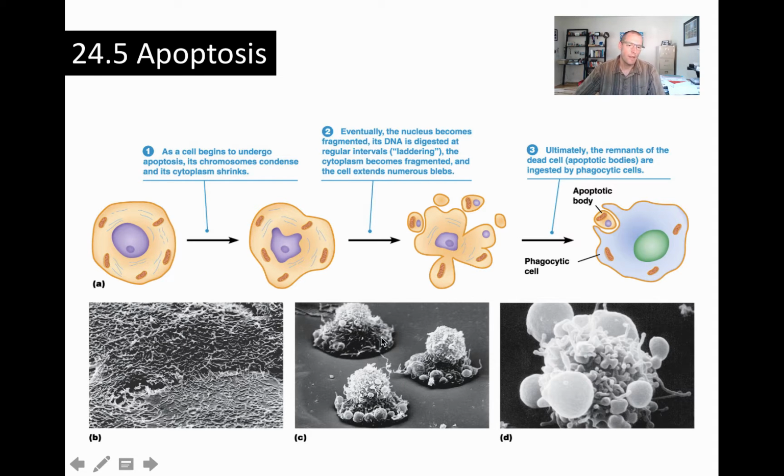And the nucleus then starts to fragment and break down. And the DNA is cleaved by an apoptosis-specific endonuclease, or DNase, and the cell is then systematically dismantled into small pieces, these small pieces of the cell up here, which are called apoptotic bodies.